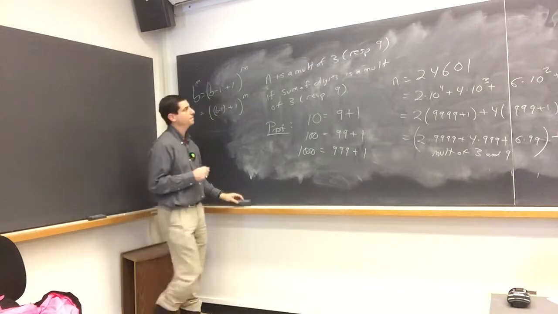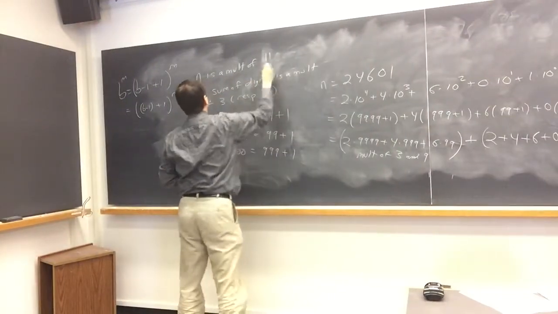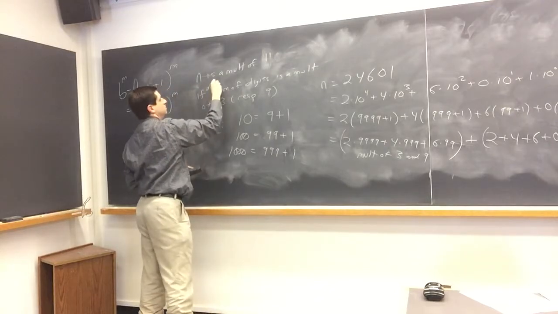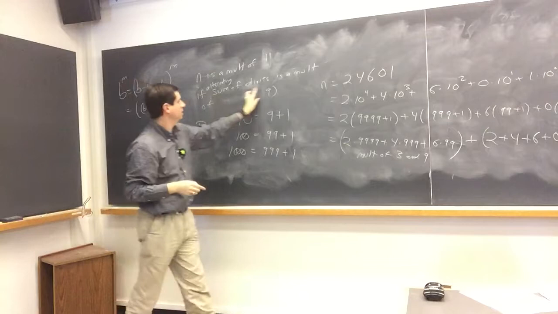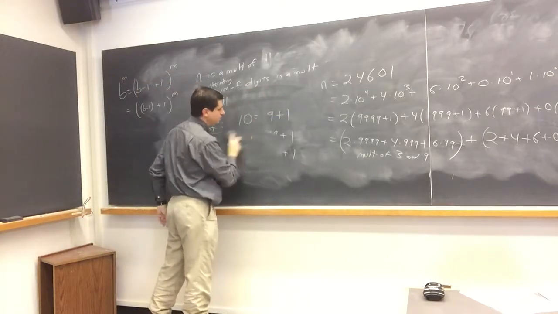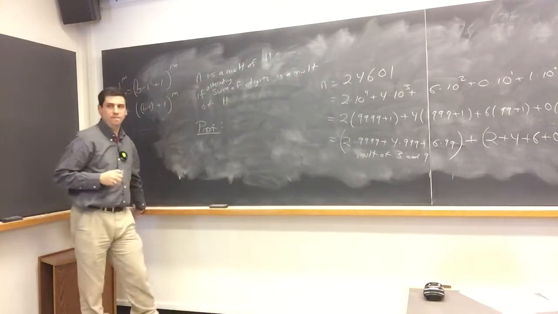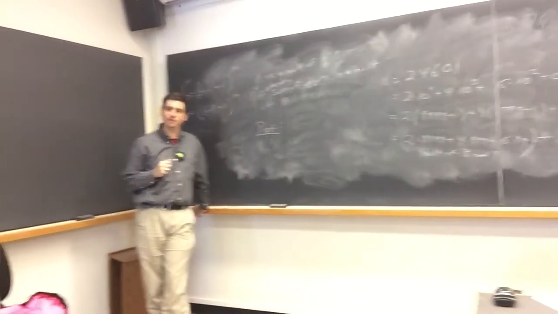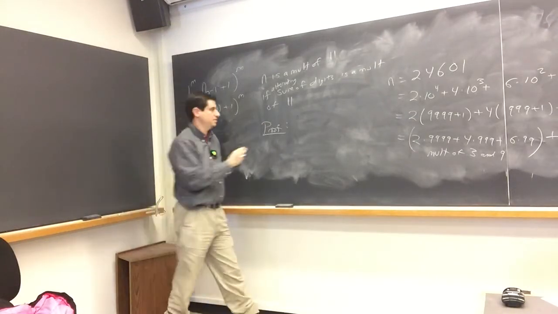For 11, n is a multiple of 11 if the alternating sum of the digits is a multiple of 11. And the proof here is a little bit harder. So how do I want to write 10 in terms of 11? 11 minus 1.